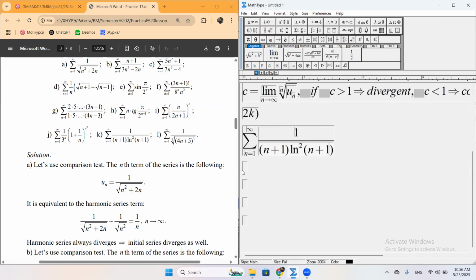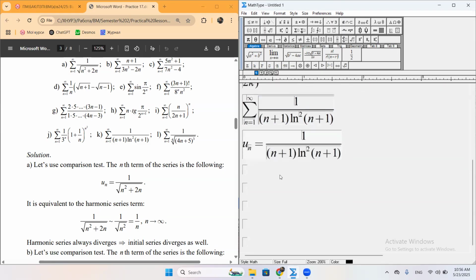Here I will use the integral Cauchy test. How to use it? As we can see, this nth term looks convenient for integration. So how to use it?